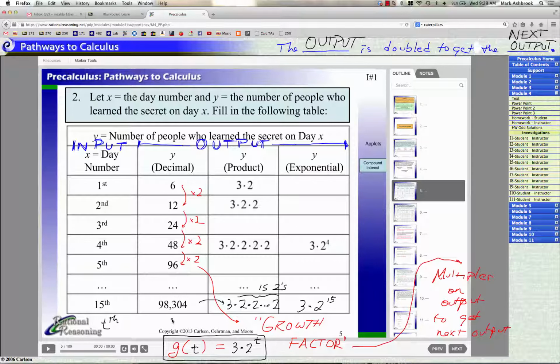Whatever the day number is, you're going to have that many 2s multiplied together because every day it doubles. So after 15 days, 15 2s multiplied together, that's 2 to the 15th. After 40 days, 40 2s multiplied together, 2 to the 40th. Okay. Questions?